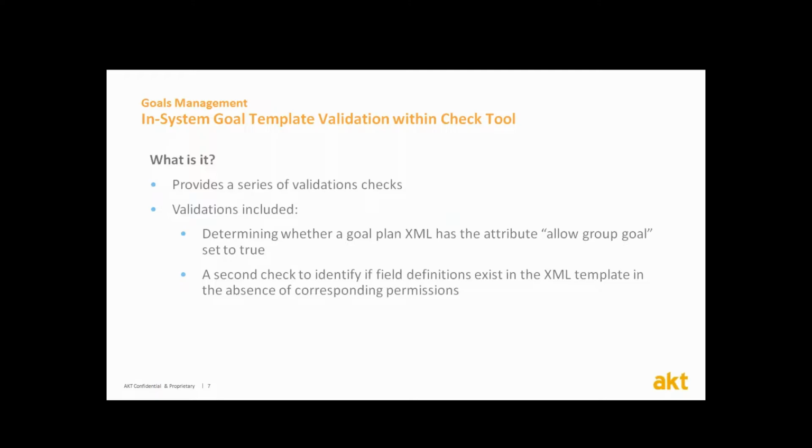And it will only happen in case where the customer has enabled group and or team goals, in which there is a likely intention to use either of those features. The second check will identify if a field definition exists in the XML template in the absence of corresponding permissions in the form, in the goal plan itself.